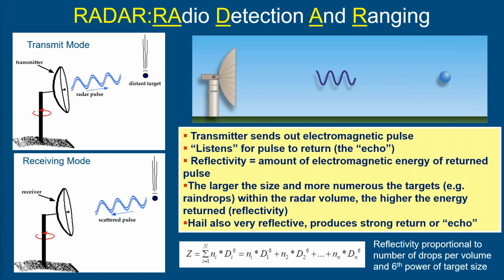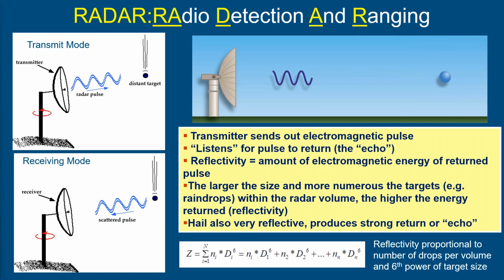And the way our radar works, the WSR-88D, it's a pulsed Doppler radar. So what that means is it sends out a pulse of energy, like shown in this animation. And then it goes into listening mode and listens for the bounce back or the echo.